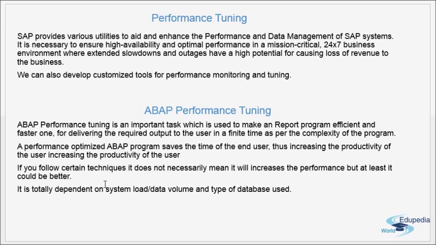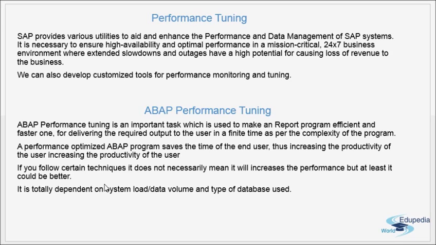ABAP performance tuning. ABAP performance tuning is an important task which is used to make a report program efficient and faster, for delivering the required output to the user in a finite time as per the complexity of the program. Because in this entire training we are discussing the ABAP systems, in this performance tuning also we will check how to tune the performance of ABAP systems.